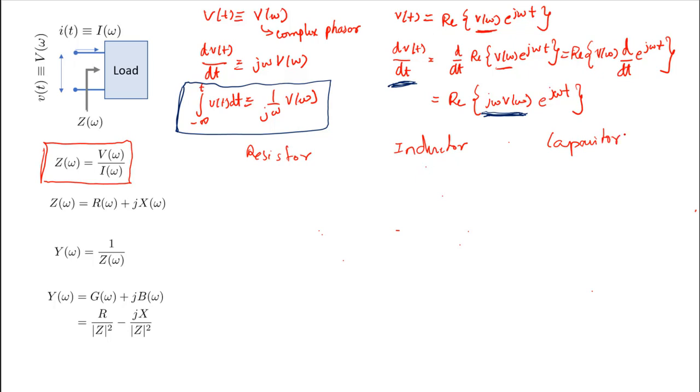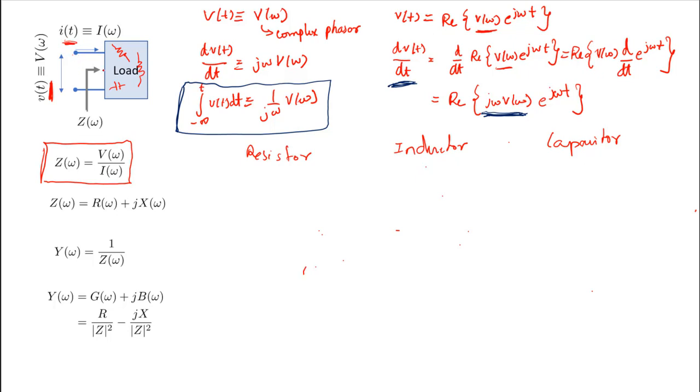A complex passive load can consist of a resistor in some form, a capacitance in some form, or an inductor in some form. And we would want to know the relationship of the voltage at the terminals of that circuit to the current that goes into that circuit.